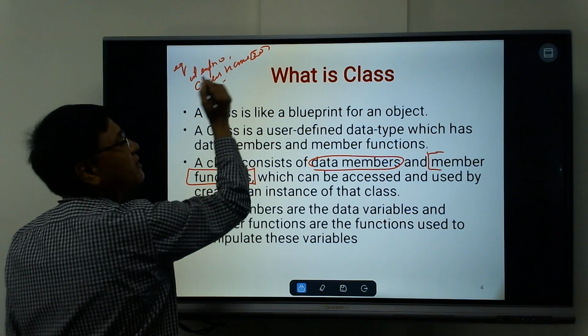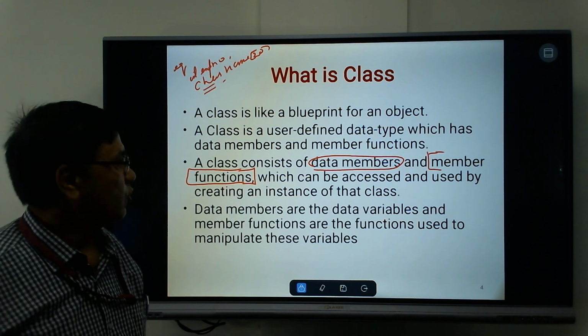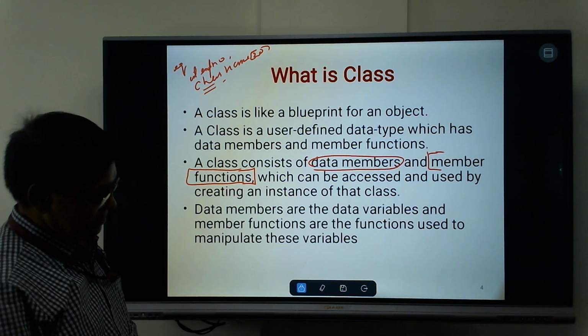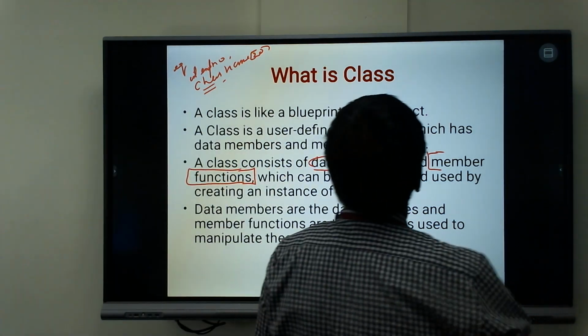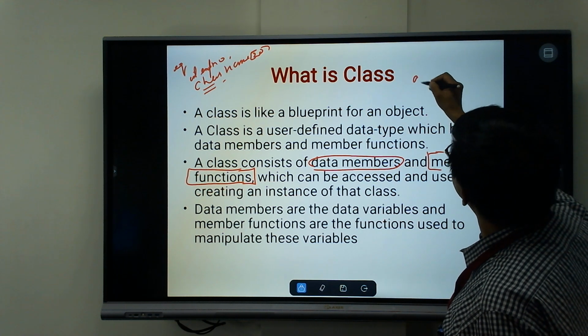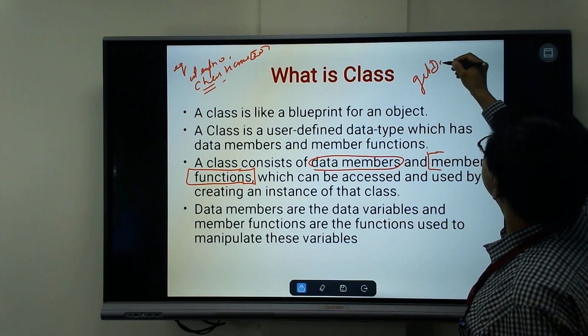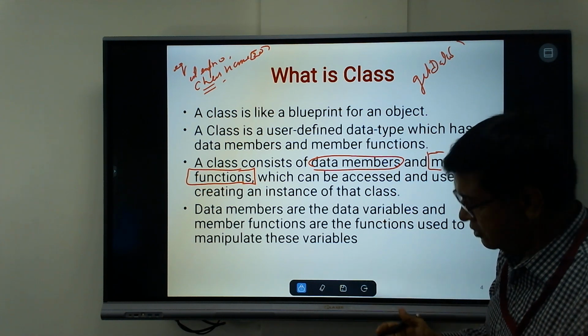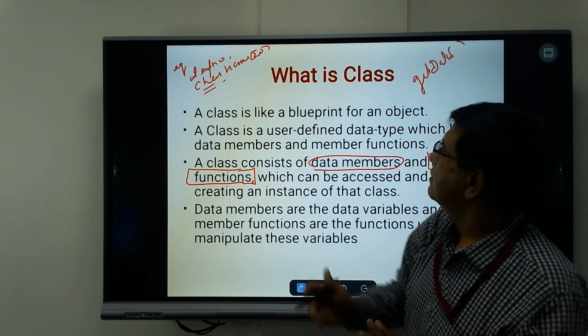So many data members are required in your program. And for this, you require the functions. Some functions we can take, maybe a get data function. This function will be used to initialize these variables.